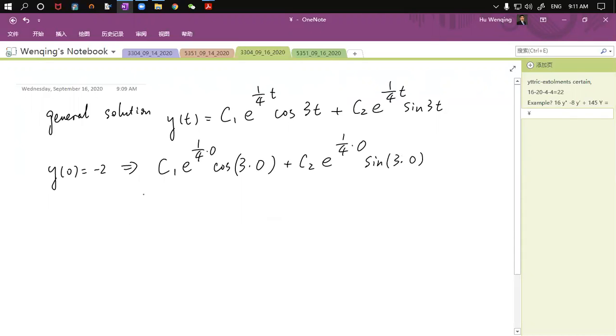Sine 0 is 0, so we have nothing here. Cosine 0 is 1. So that's just c1 is -2. So you get your c1.